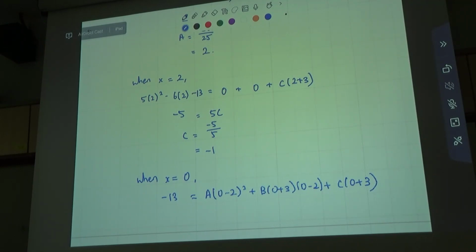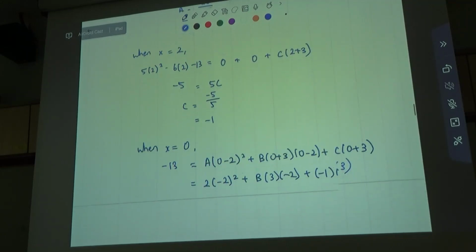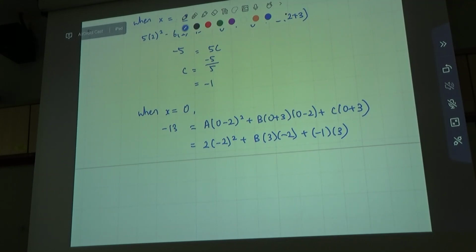Yes, right? I have also found the value of C. So I just need to use the value of A and C that I've already found, and then replace it accordingly. Make use of your calculator to calculate the numbers out.